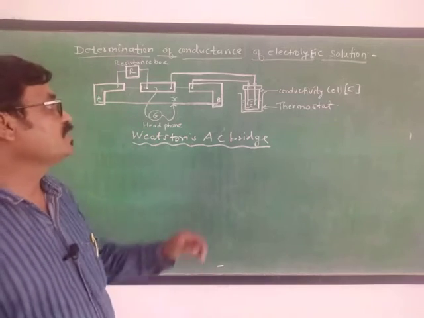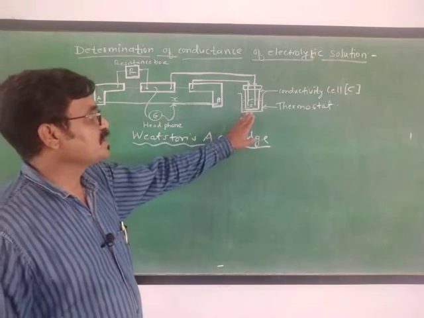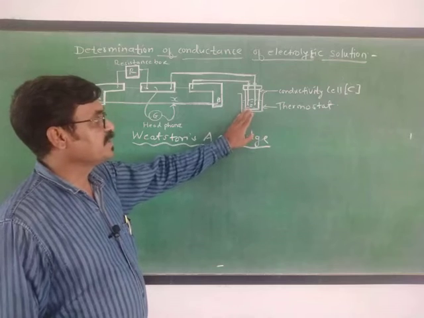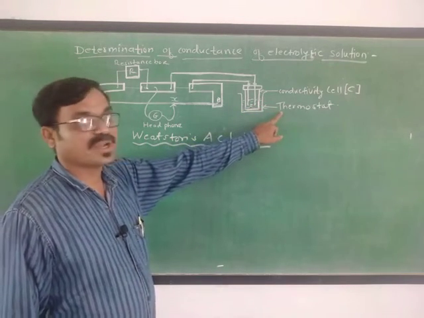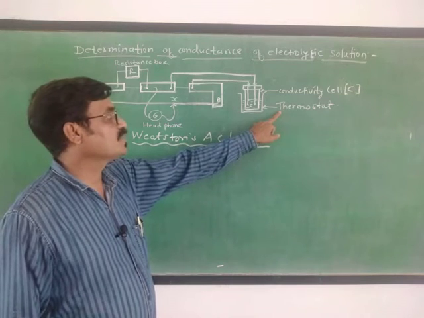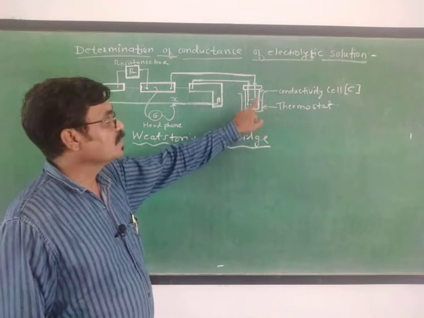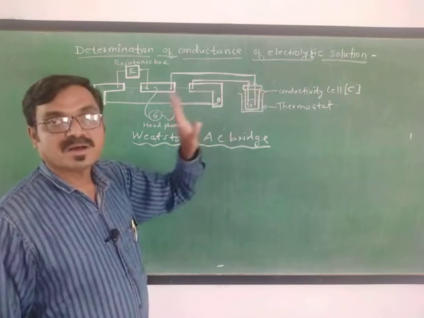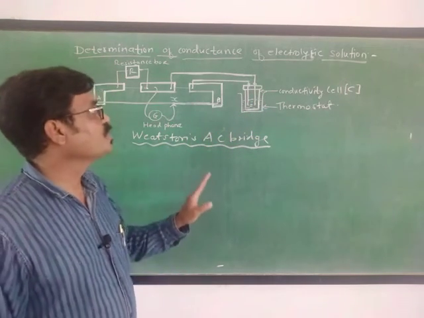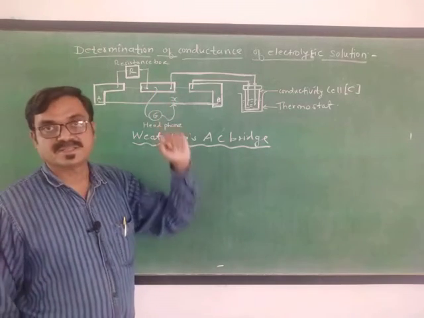Now the solution whose conductivity is to be determined is kept here in this thermostat. You know the function of a thermostat is to keep the temperature constant. Here in this conductivity cell there is our experimental solution of which we have to determine the conductance.